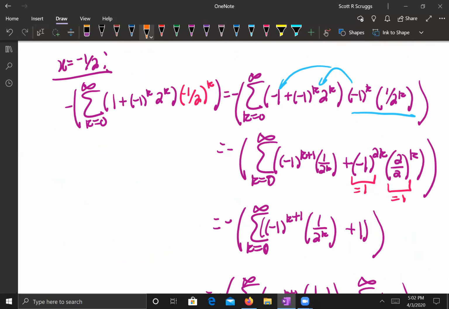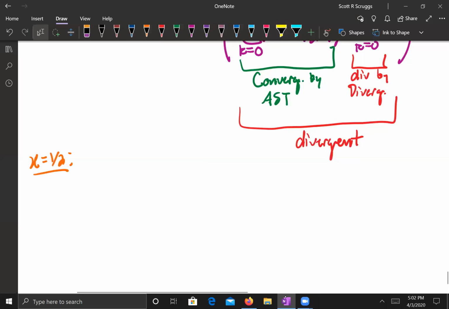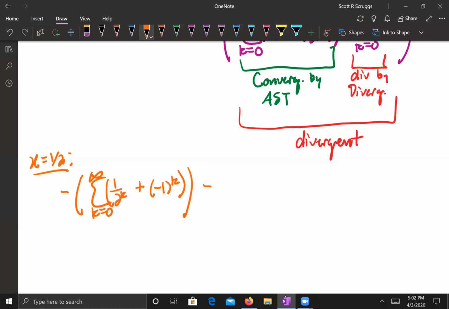So I'll go ahead and write down what the series will look like after I simplify. You should get something similar once you simplify. Well, not the same, in the sense that we have to do different tests for the first one, but the same principle is happening.